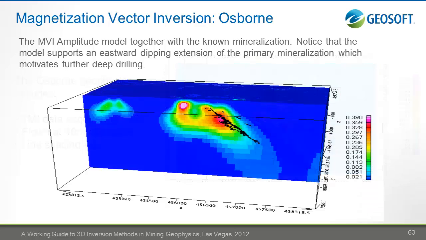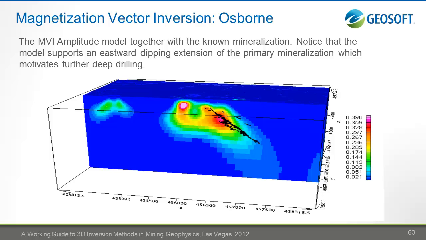Now, when I take that data and perform the magnetization vector inversion, and what I'm showing you here is the amplitude of the magnetization vector, you can see that the general feature of this inversion result is something dipping to the east.